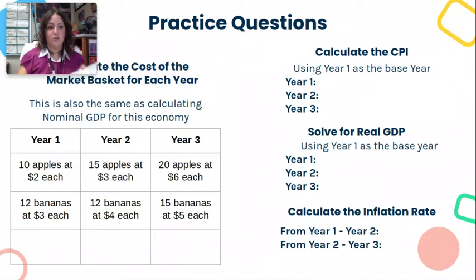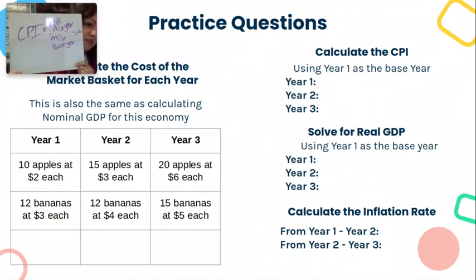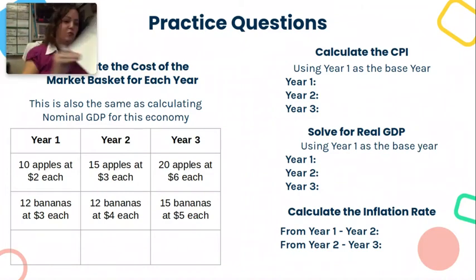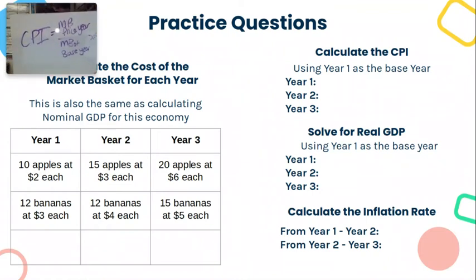So here's that equation: CPI is the market basket price of the year you're talking about divided by the market basket price of the base year, and all that times 100.